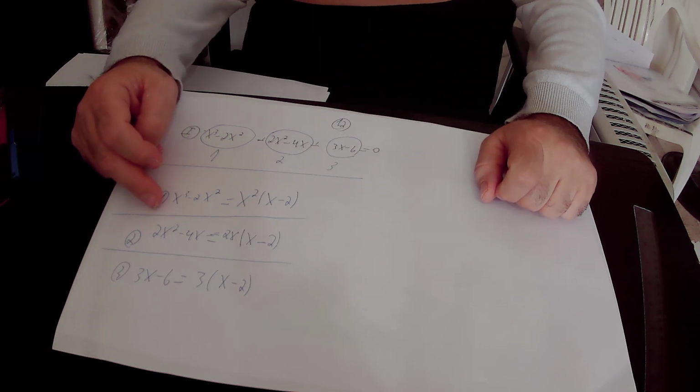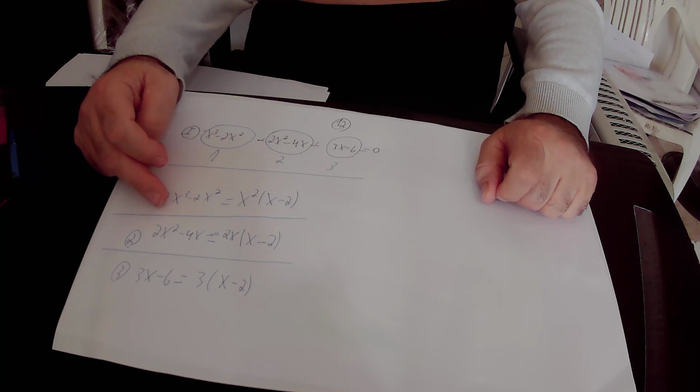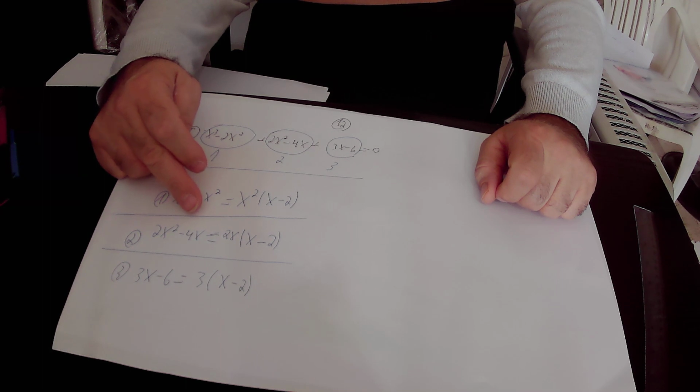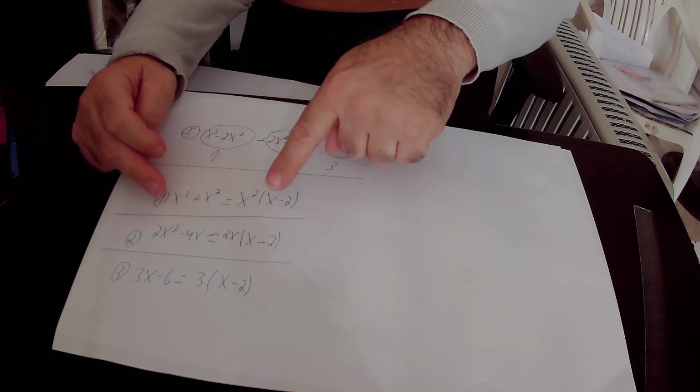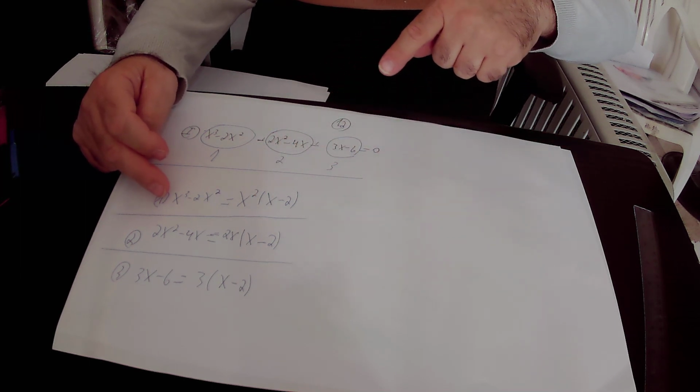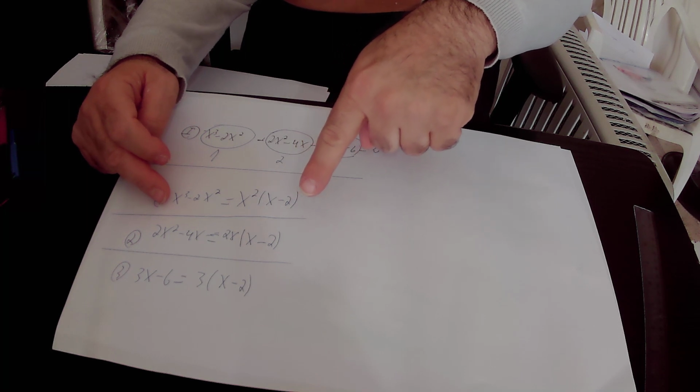Then we took a common factor from 2X squared minus 4X, and the common factor that we took from this expression is 2X, and what is left inside the brackets after we took 2X as a common factor is X minus 2.